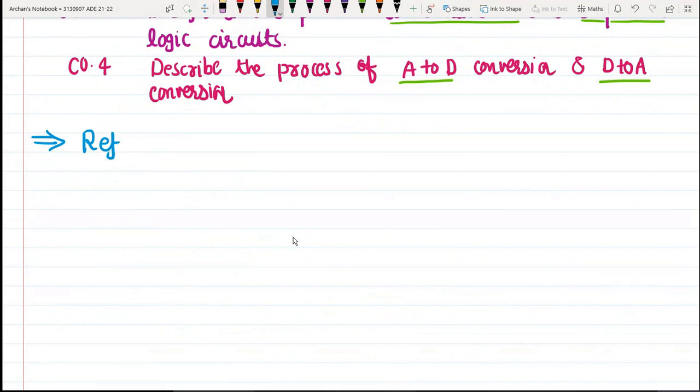Now let us talk about the reference books. So the university has defined some reference books for your purpose.